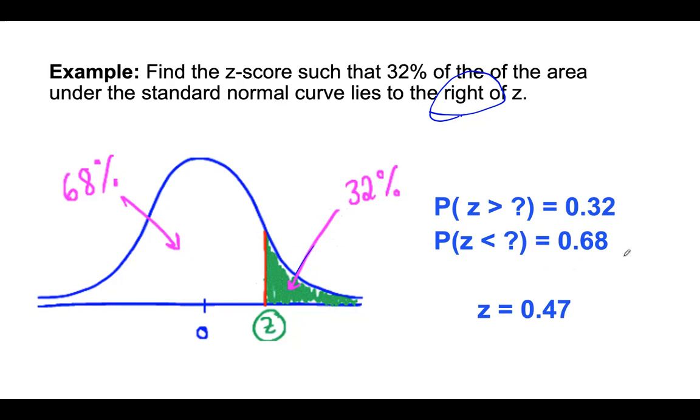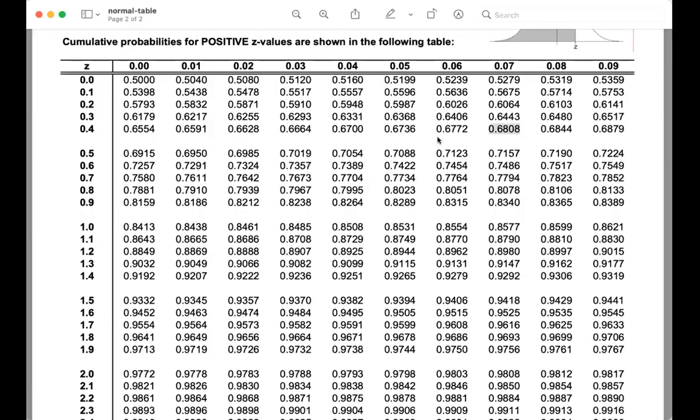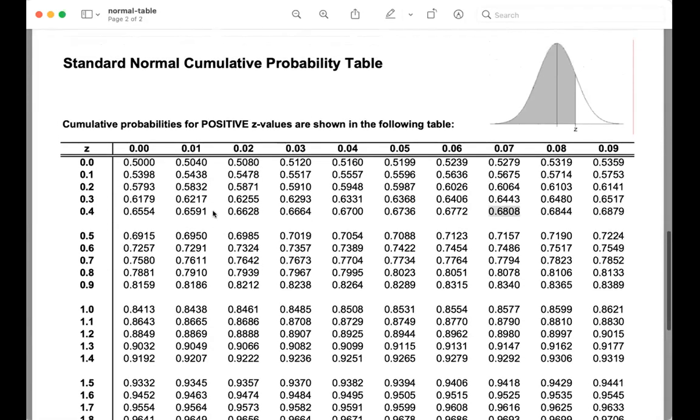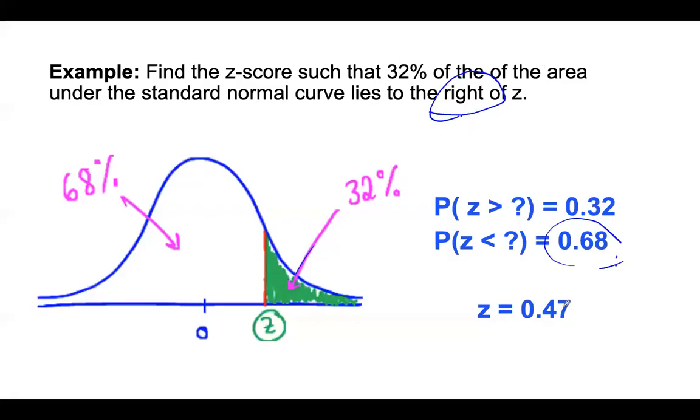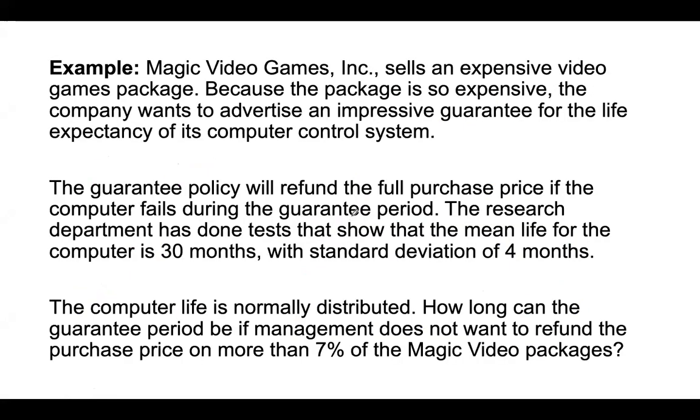So then we can just look this up in the table. You would see here that 0.47, I would believe, is closest to that value. Yep, and that is our value. So it's constantly about looking these up in the table.